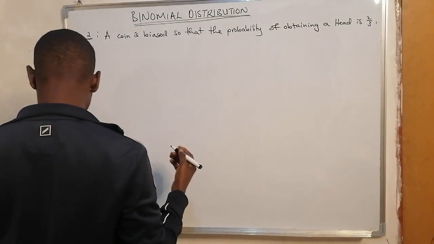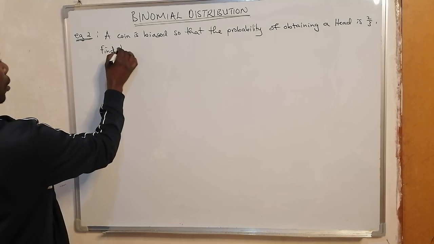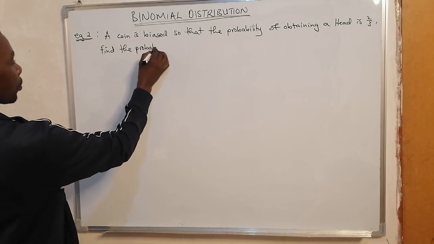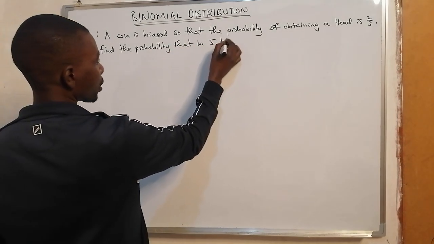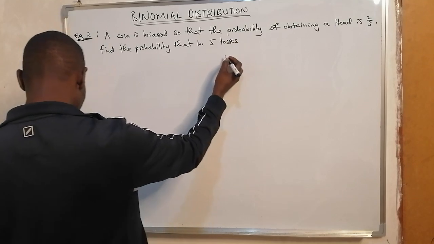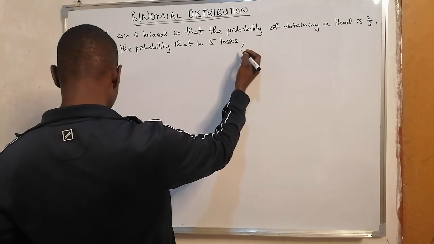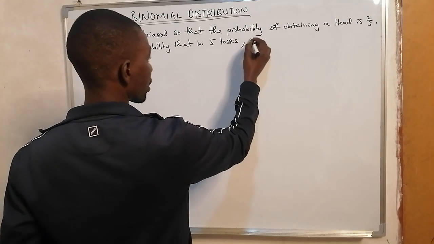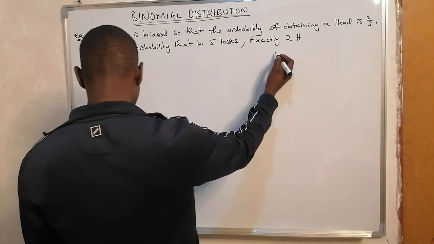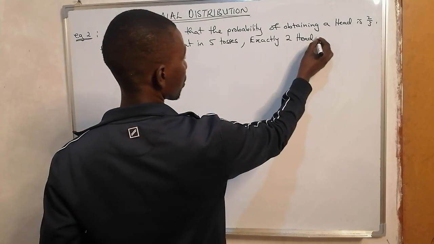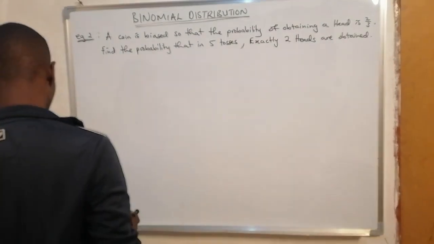Right? Find the probability that in 5 tosses of the coin, exactly 2 heads are obtained.